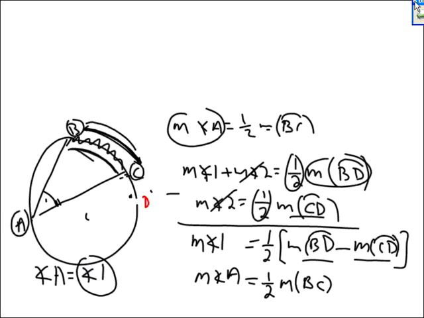We had to do 3 different cases, and the first case helped us do the remaining 2 cases. So now we know, not because I told you or your teacher told you, but because we proved it. We know that the measure of an inscribed angle is equal to half of the arc.